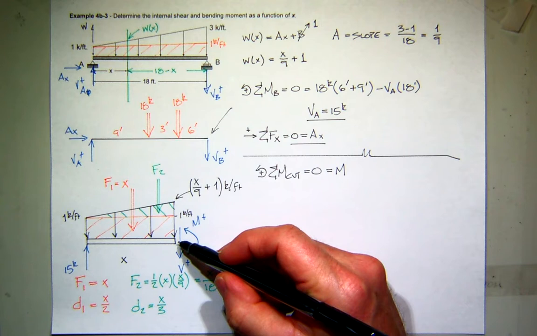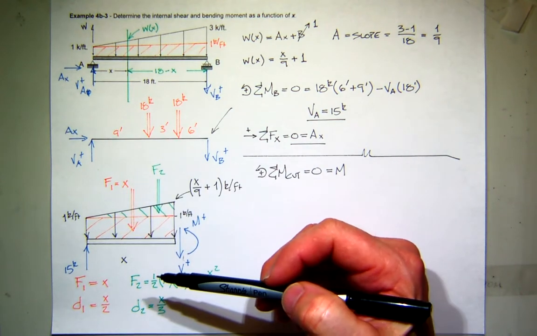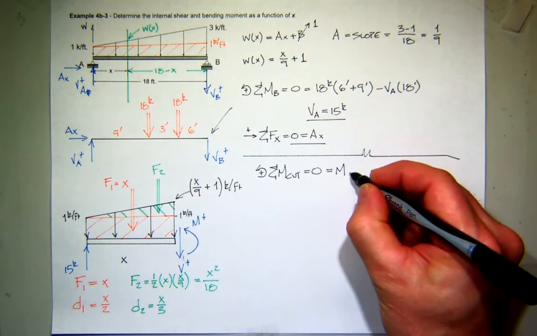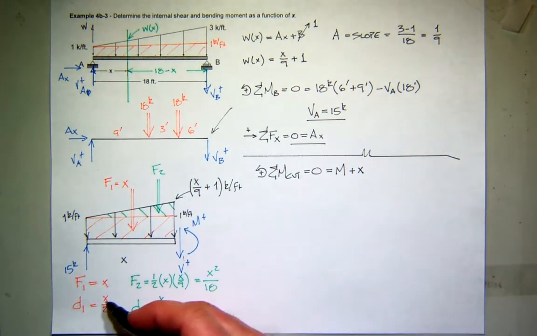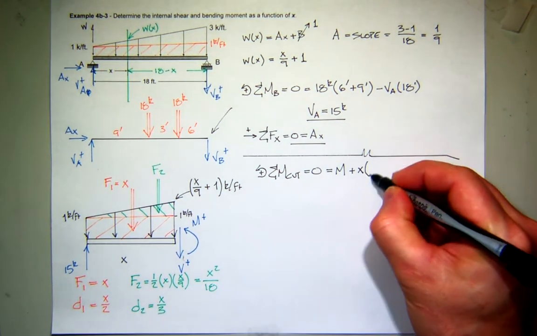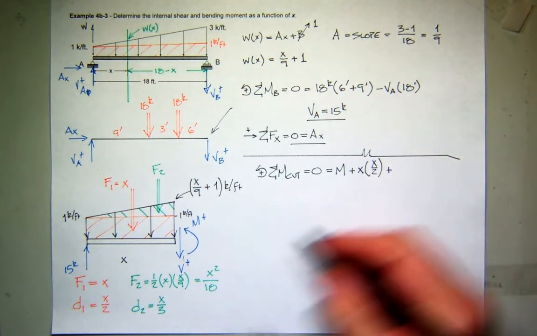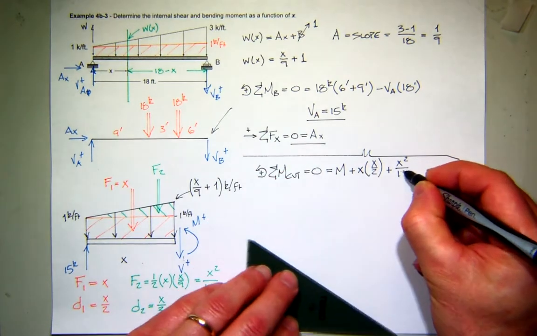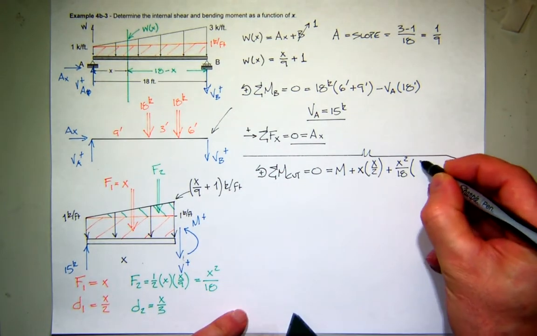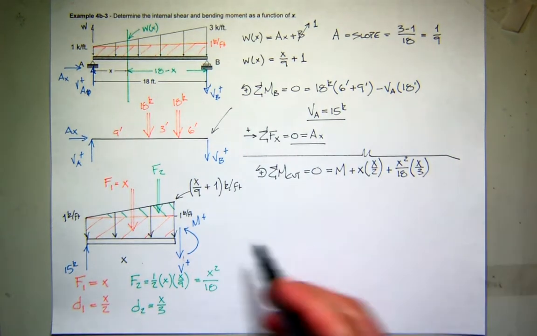The moment about the cut created by F1 and F2 are both positive. So I'll do the first one. F1 is x and has a moment arm of x over 2. F2 is x squared over 18, and it has a moment arm of x over 3.